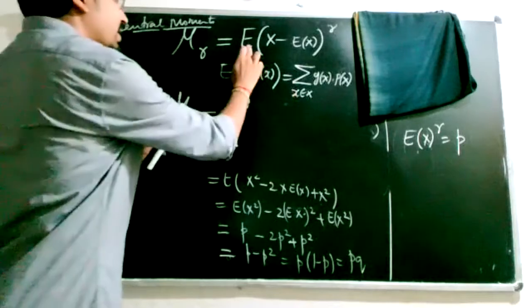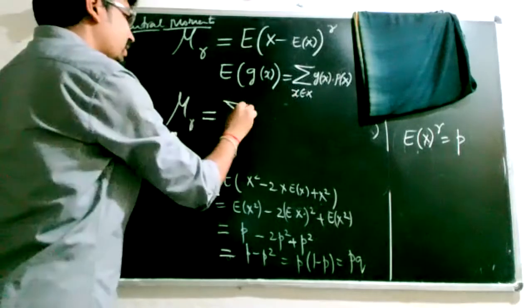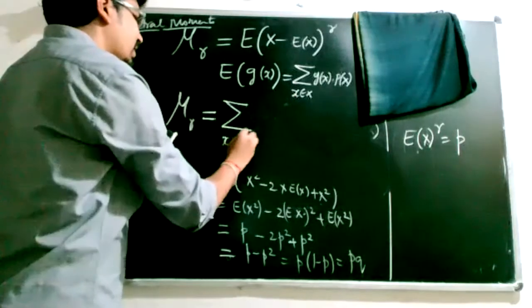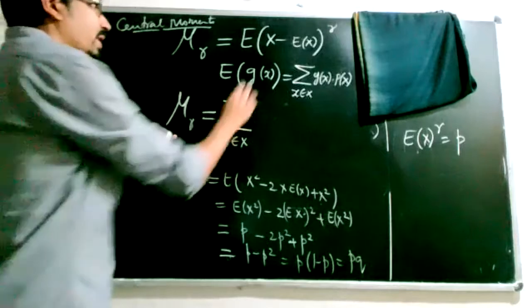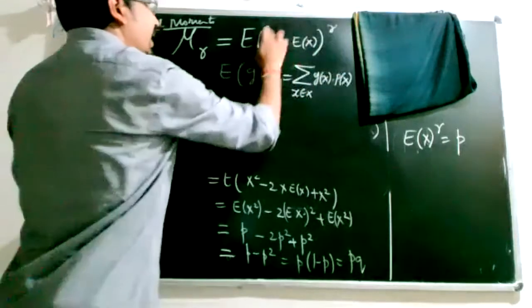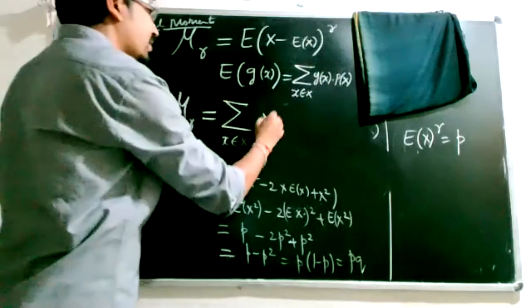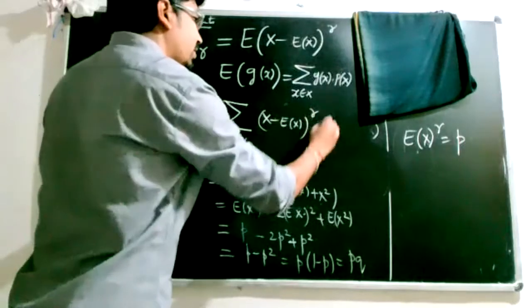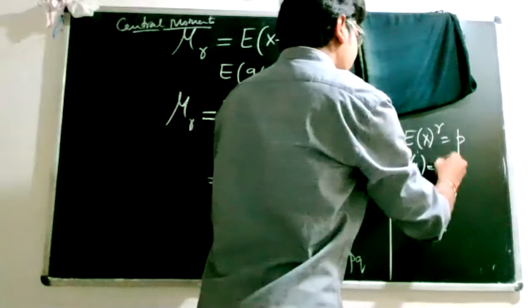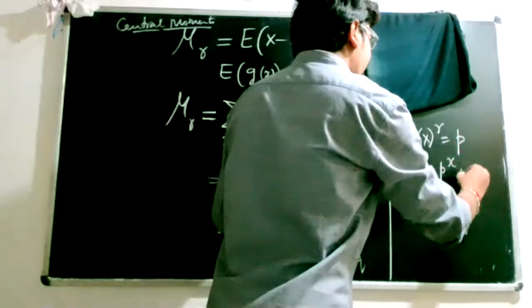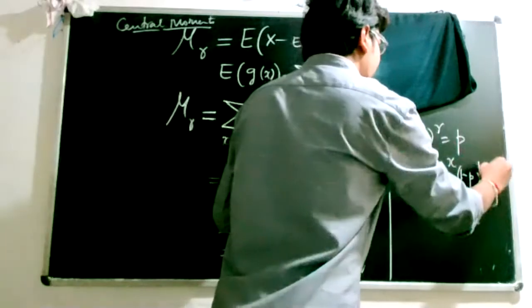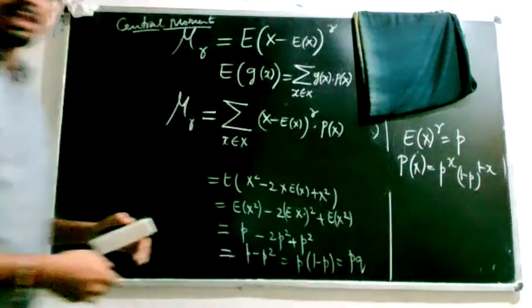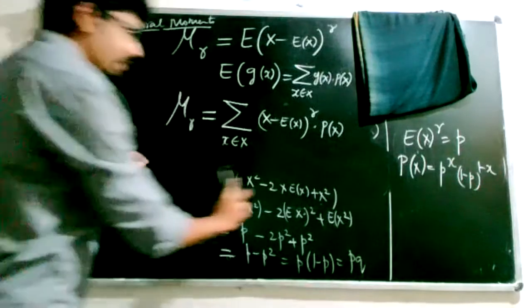According to this, expectation is replaced by summation over x belonging to X, and in place of g of x, I have x minus e of x to the power of r, into p of x. If you remember the pmf of Bernoulli, it is p to the power of x, 1 minus p to the power of 1 minus x, with x taking only two values, 0 and 1.